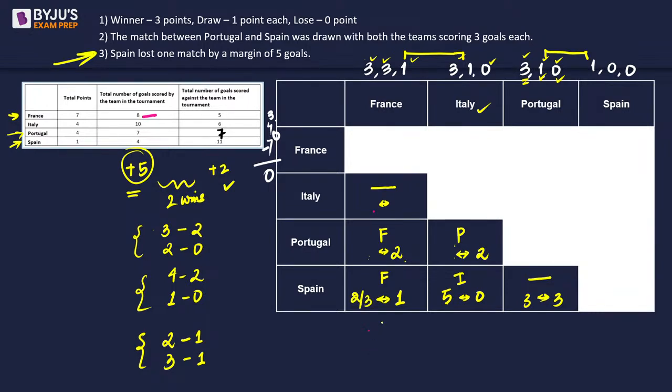And Spain lost by a margin of 5 goals. तो स्पेन भाई साहब के तो 4 हो गए. इफ यू टेक 1 and 6 तो इटली का अकेले 6 इधर हो जाएगा. एंड देन इटली हैज टू ड्रॉ 1 and lose 1.